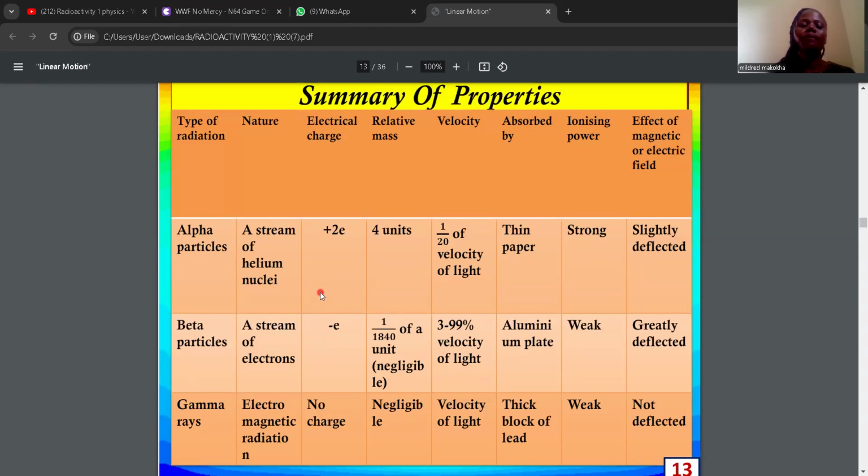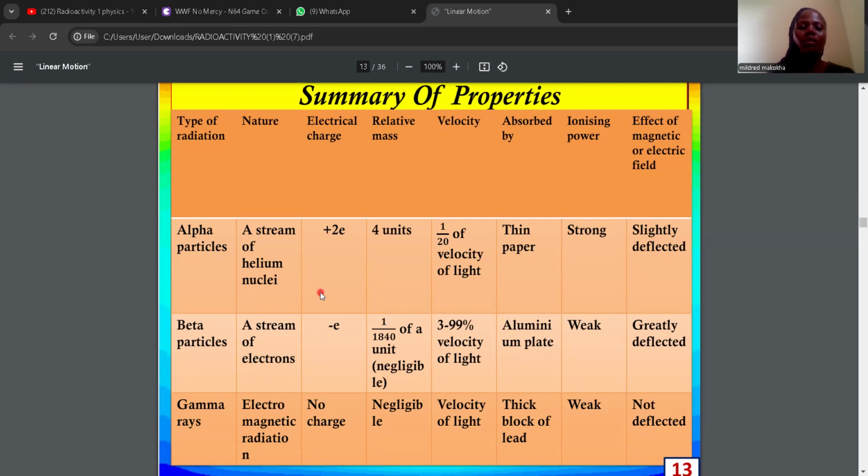The velocity is very low compared to the other particles. It can be absorbed by a thin paper. The ionization power is strong, or rather it has the highest ionization power, and it is slightly deflected. And I've also explained why it is slightly deflected.